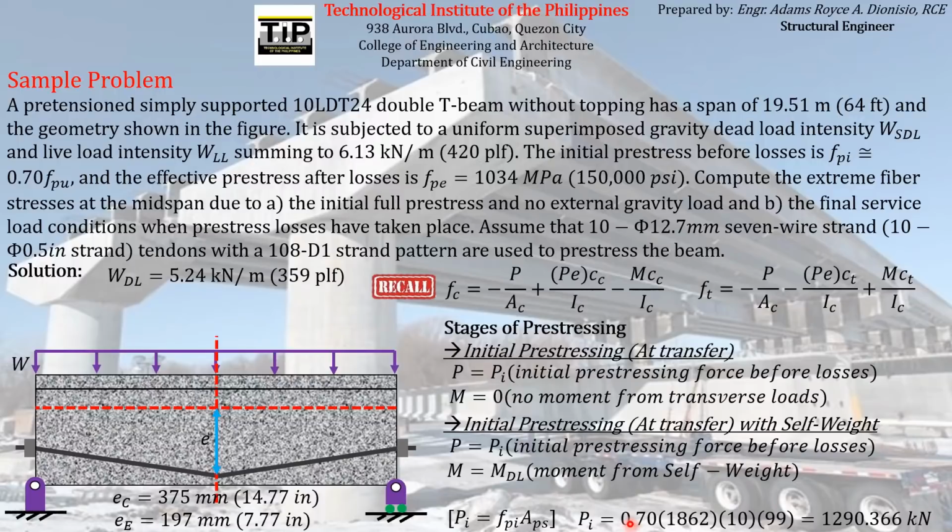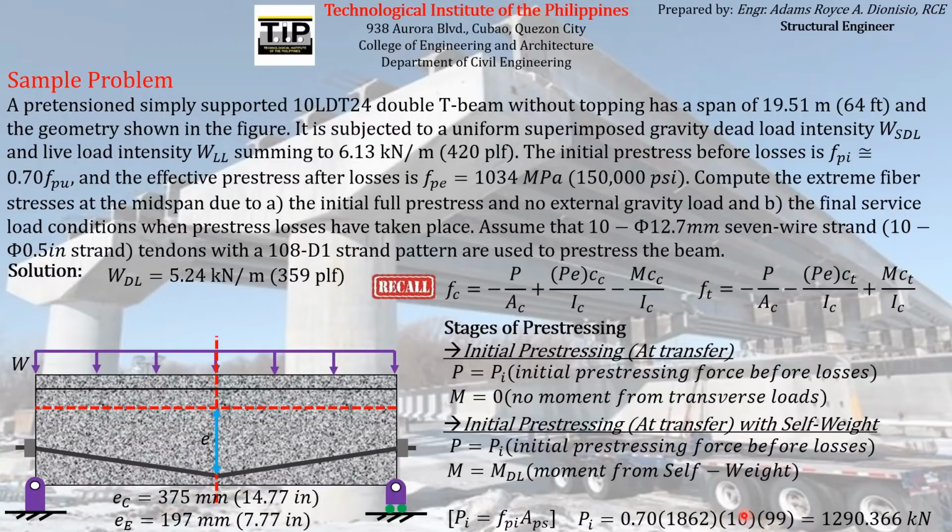So the product is supposedly in terms of Newton, but I prefer to express it in terms of kilonewton. Although I did not put the conversion factor, which is the divisor of 1000, because we know that 1 kilonewton is equal to 1000 newton.